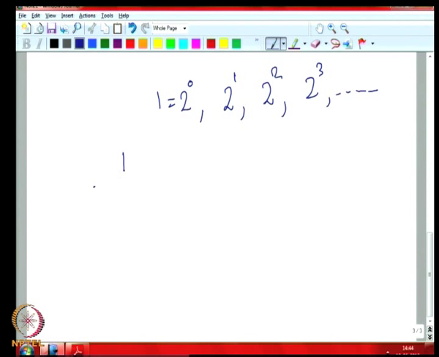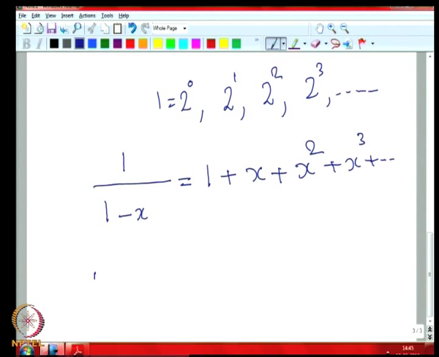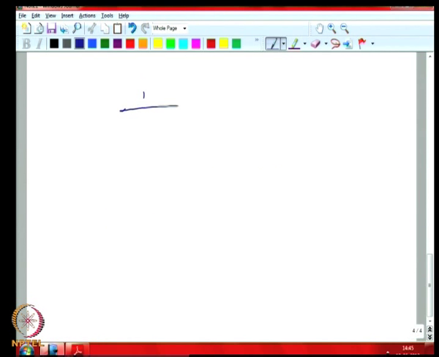So I know that 1 by 1 minus x is equal to 1 plus x plus x square plus x cube plus so on, right. Now what if I write y equal to 2x and then evaluate 1 by 1 minus y.